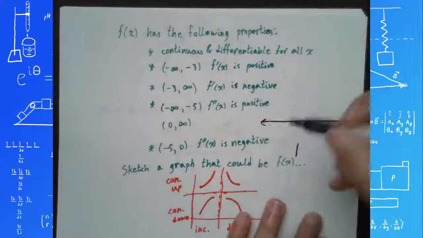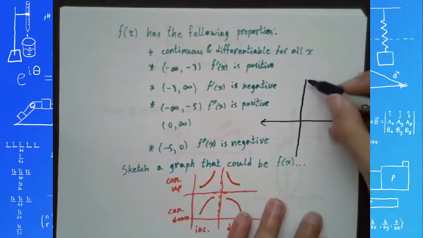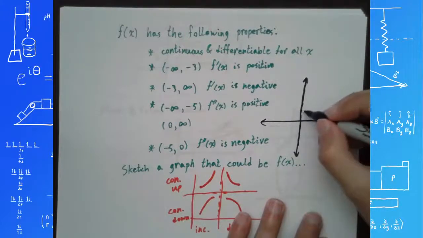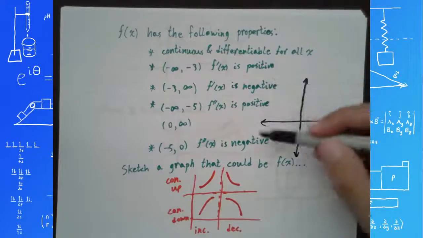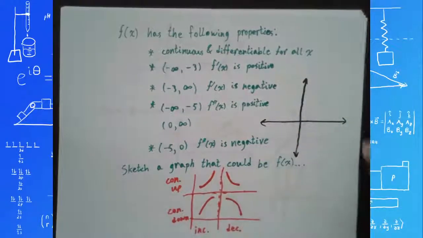And of course, they could give additional information here for you to make the graph even more precise. They could give you the y-intercept, for example, and you'd have to just actually graph that specific point and make sure your graph goes through that point. But this is the stuff that would trouble most people. The additional information, I think you'll be able to handle just fine if you have it.